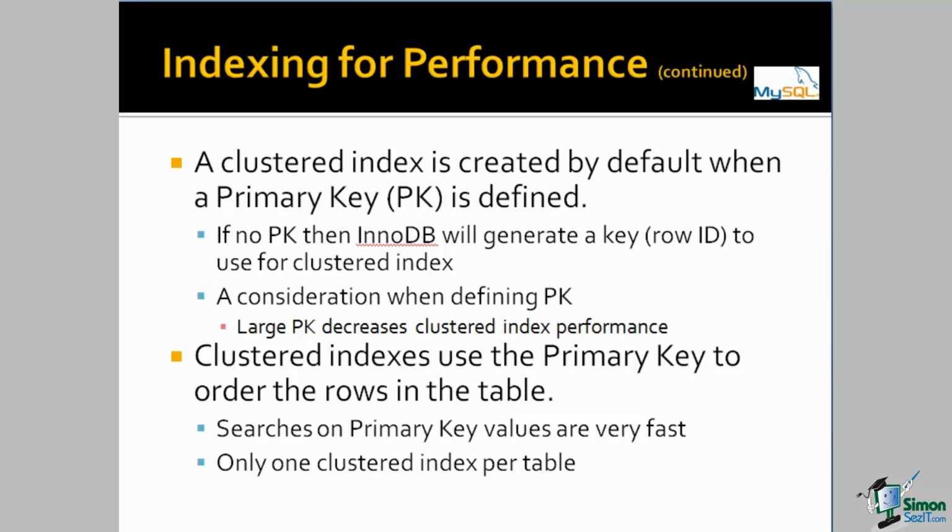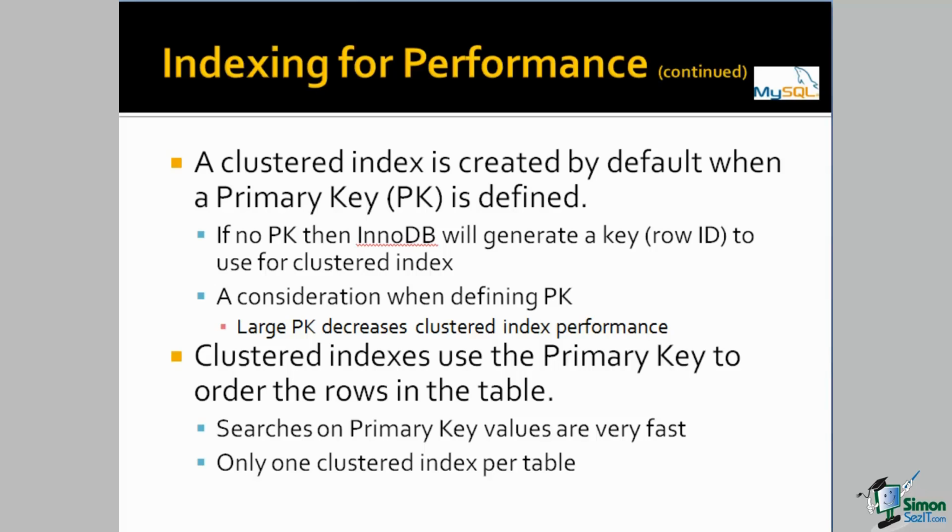An important note is that the primary key size has an impact on the performance of the database. So we need to consider this when we're selecting the primary key to ensure that we're not selecting a primary key that will negatively impact the performance of the table.